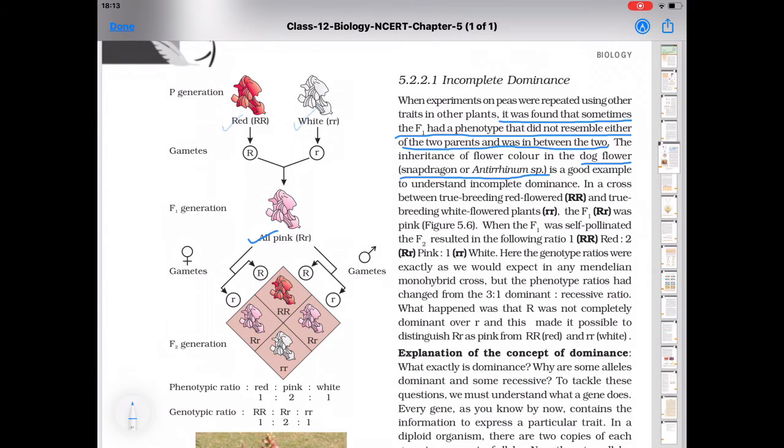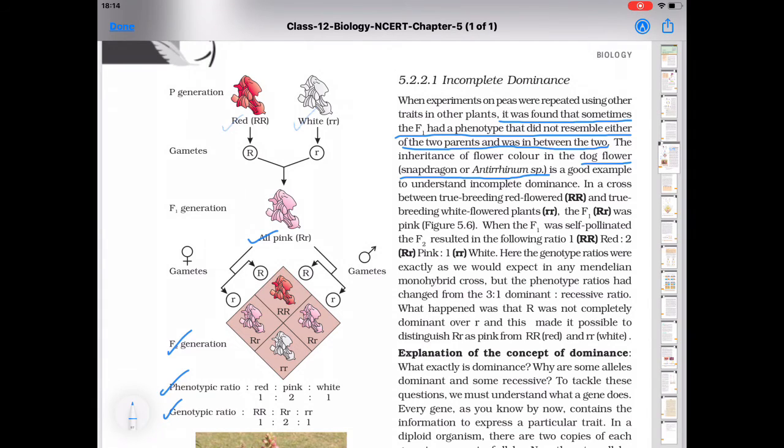When the F1 individuals are crossed, then in the F2 generation, the phenotypic ratio comes as 1:2:1, that is, one red, two pink and one white, whereas the genotypic ratio is the same as the Mendelian ratio, that is 1:2:1 of the monohybrid cross.